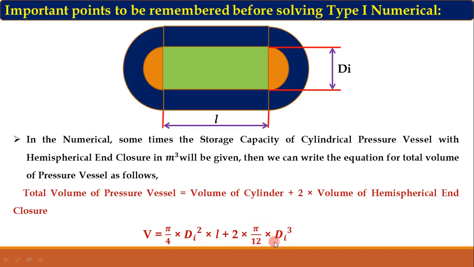This pi upon 12 into di cube is the volume of a single hemispherical end. As there are two hemispherical ends on the left and right side, we have to multiply by 2. So this equation gives the total volume of pressure vessel with cylindrical shell and two hemispherical ends.